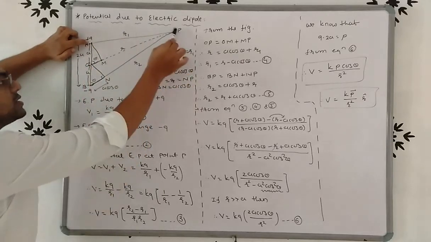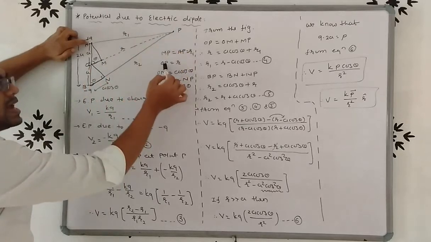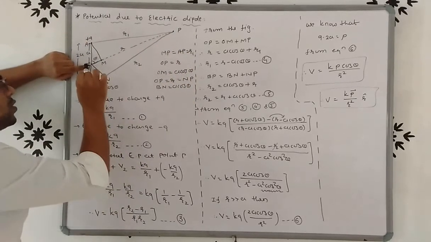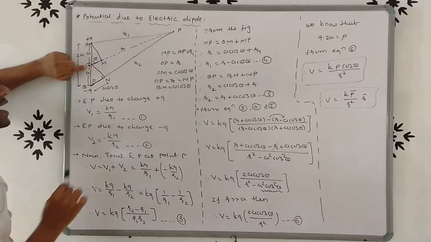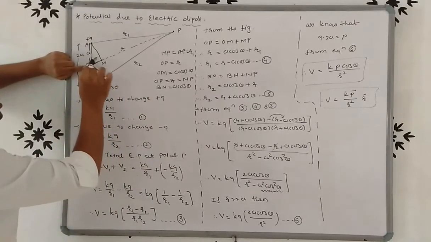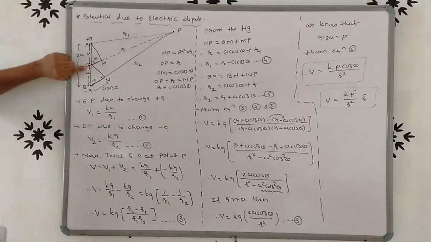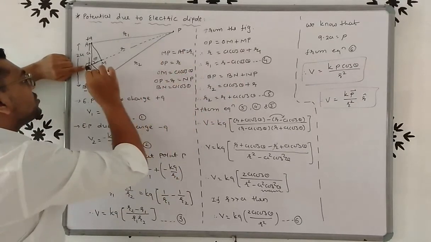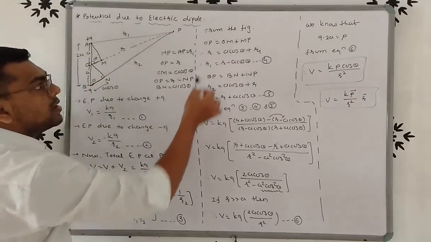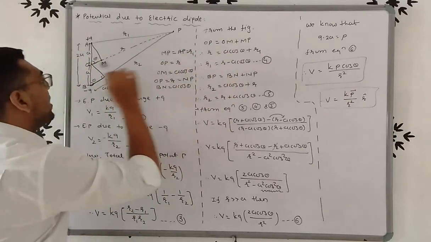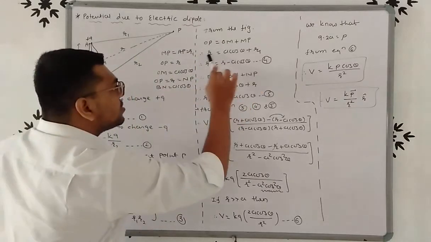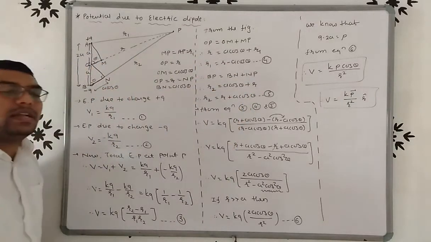Then total distance from O to P is R. So this distance OM is the adjacent side of this triangle, so OM is equal to a cos theta. So from the figure we can write that total OP is equal to OM plus MP. OP, that is R, OM is a cos theta plus MP is R1. So R1 is equal to R minus a cos theta.